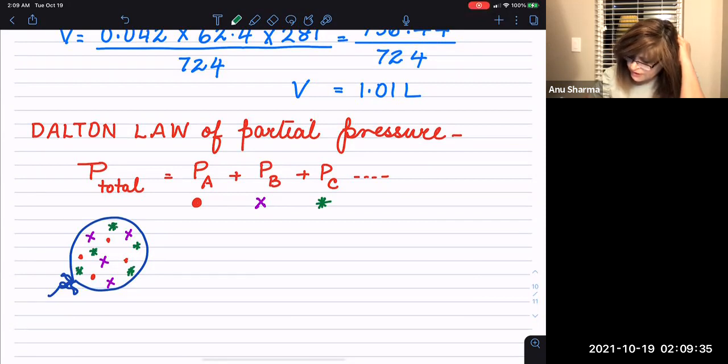Gas B is also hitting the walls with some force, and A is also hitting the walls of this balloon with some force.